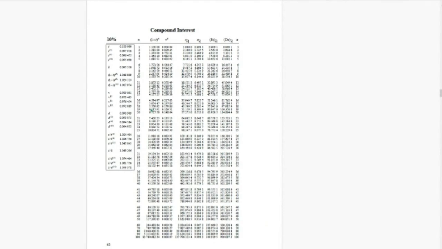So you see on page 162 of the tables, we have the compound interest factors at a 10% interest rate. We can find them here. And here the v to the power n, n being 5, the value is 0.62092.